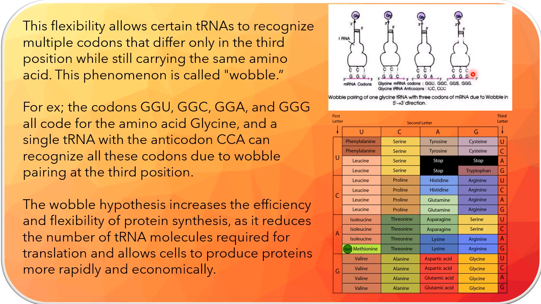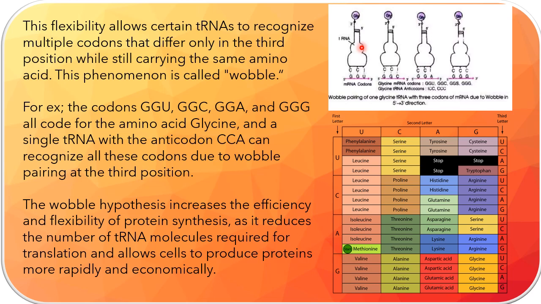Then C, because cytosine pairs with guanine. Now this is the single tRNA which can read these codons on mRNA, and it will code for glycine. You can see here glycine is present on this particular tRNA. So this tRNA will carry glycine if all these four codons are present in the sequence, so there will be four glycines in the polypeptide chain.